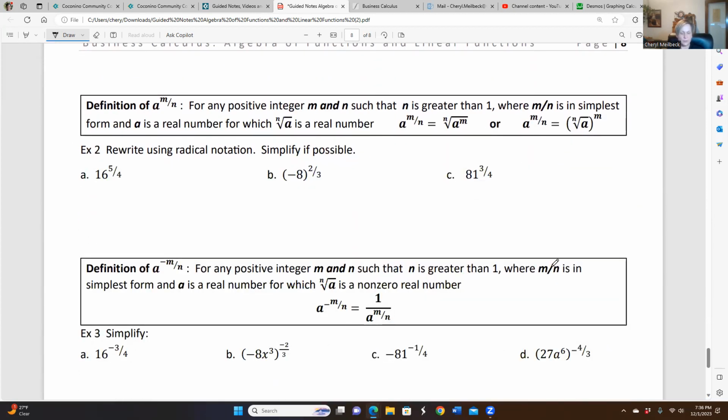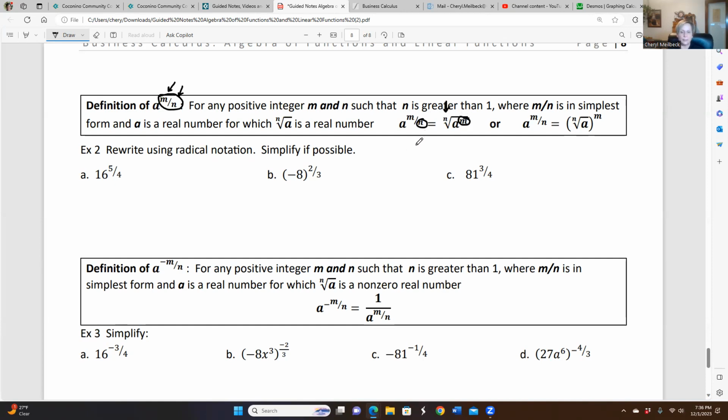Finally, let's move on to our last page here. If you have a fractional exponent that has a number in both the numerator and denominator, the number in the numerator of the exponent becomes the power of the radicand, and the number in the denominator becomes the index.